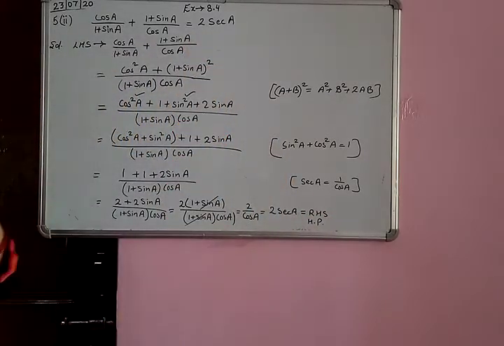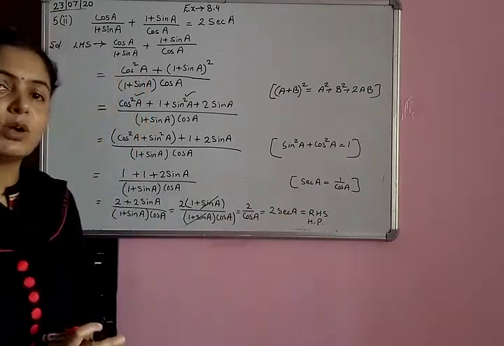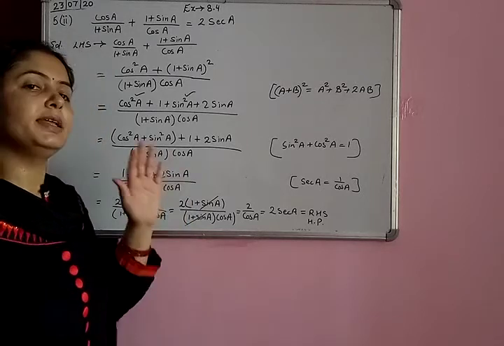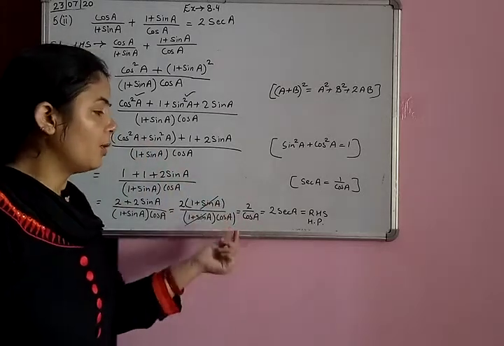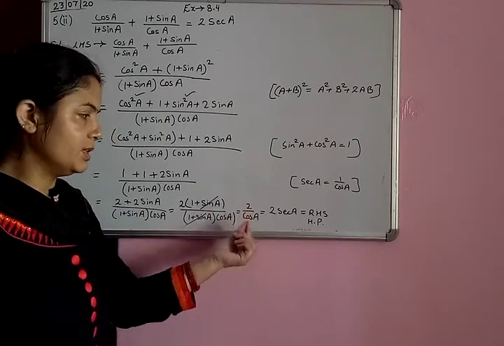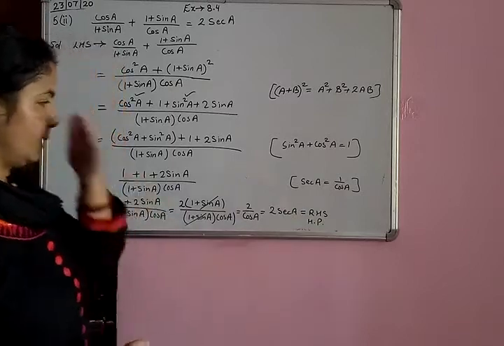Okay. Now listen carefully once again. Sec A and cos A both are reciprocal to each other. So in place of 1 upon cos A, we can write sec A. So 2 upon cos A means 2 into 1 upon cos A. It means 2 into sec A, which is equal to right hand side.